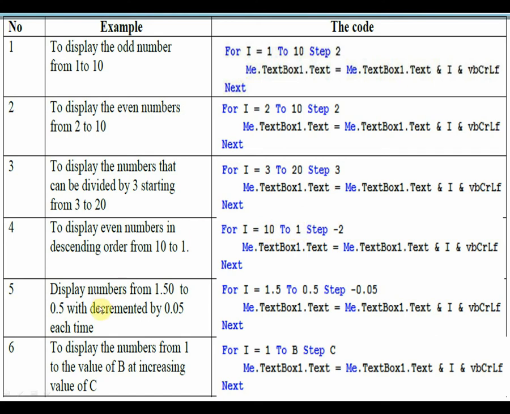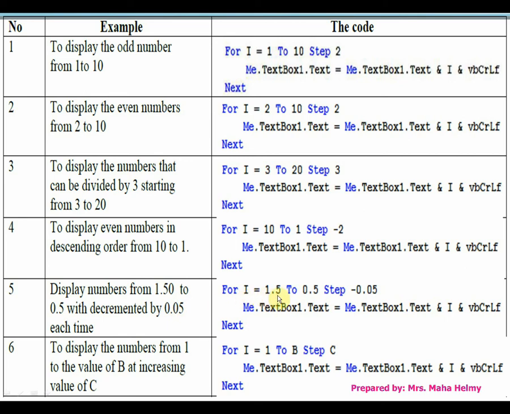If I want to display decimal numbers from 1.5 to 0.5 decremented by 0.05 each time, it's too easy.